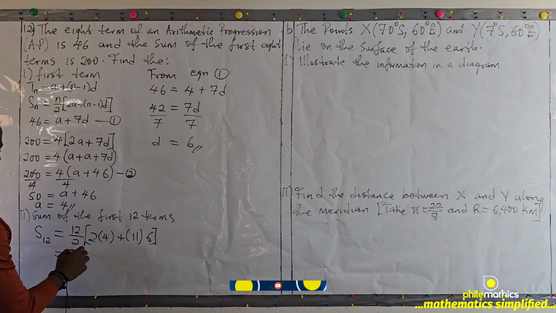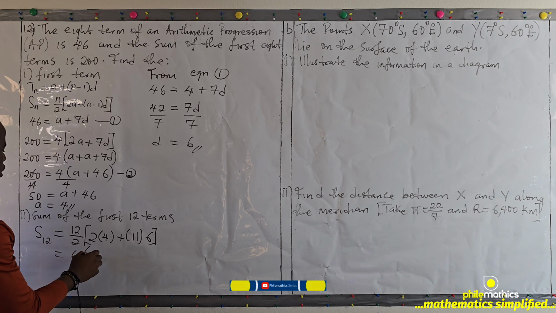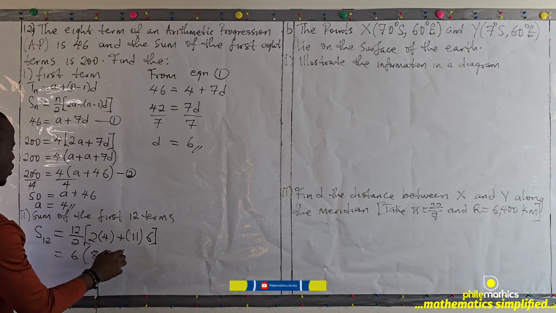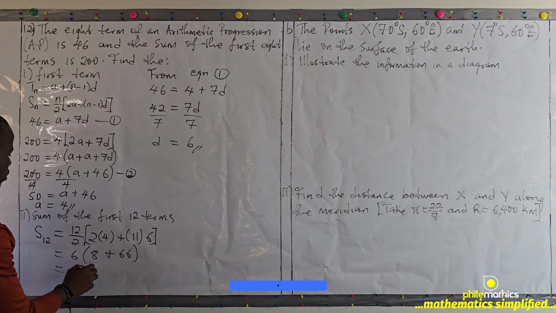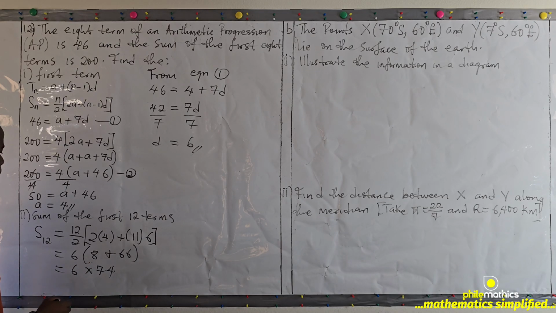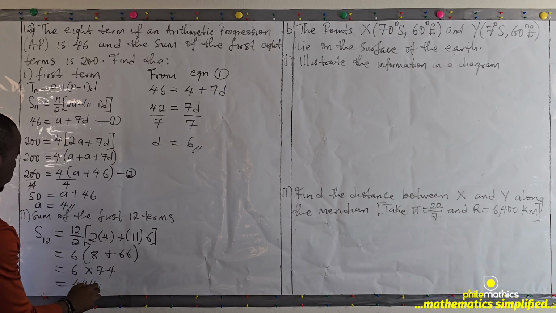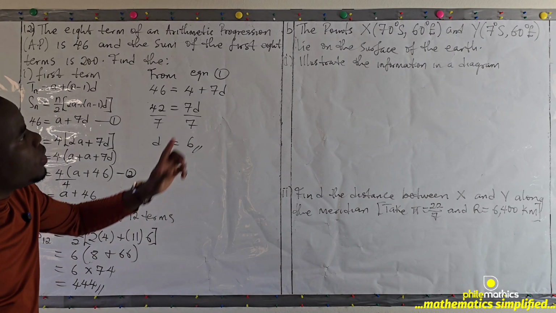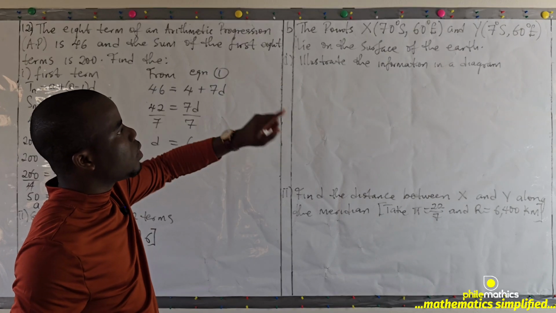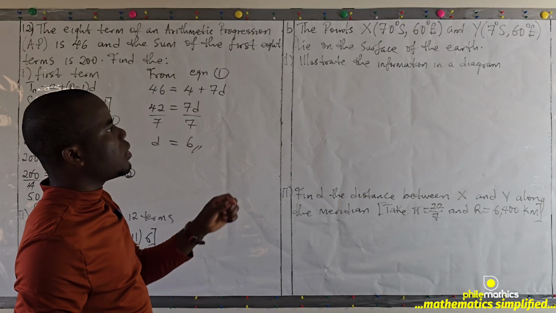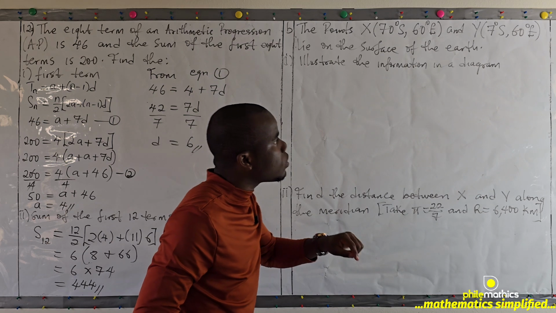This is 6 bracket 8 plus 66. 8 plus 66 is 74. Yes. And 74 times 6 is 444. That's it.